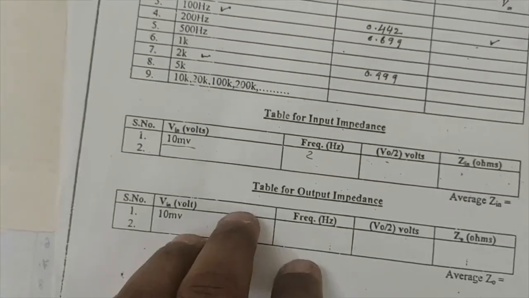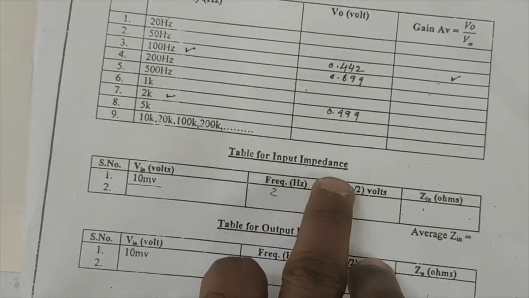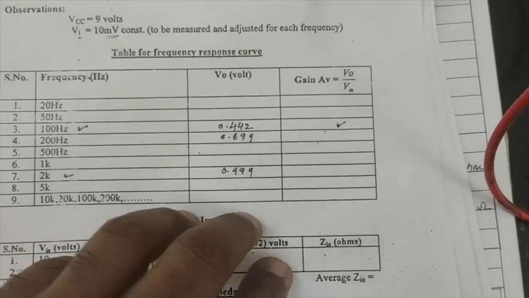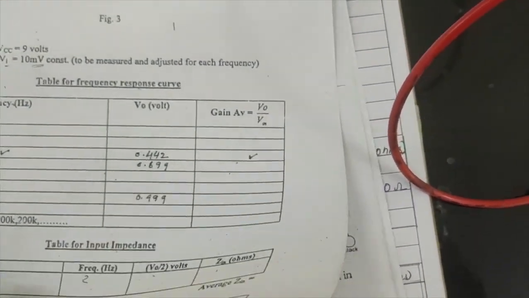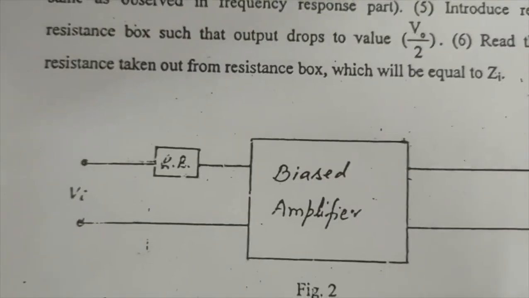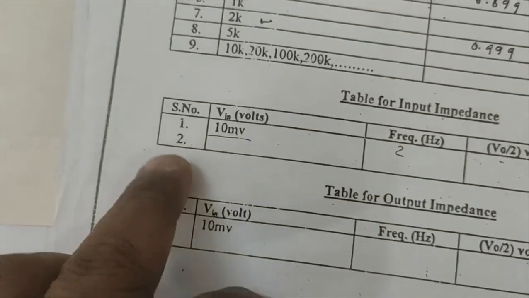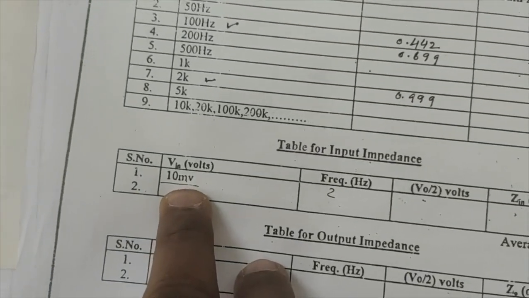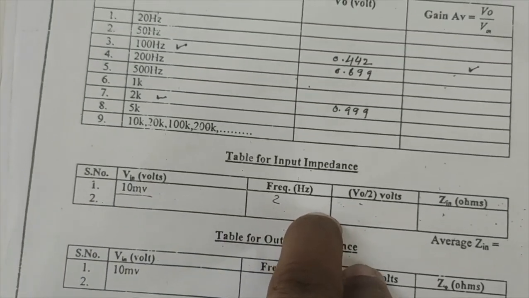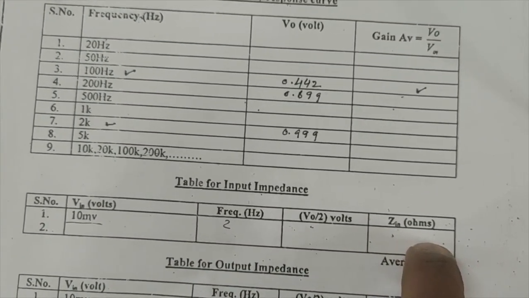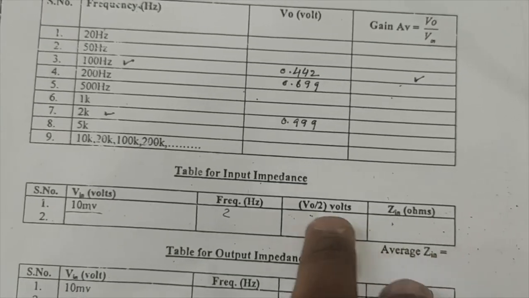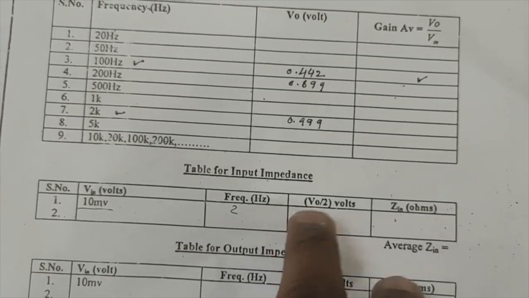So these are the tables in which you can see the input impedance when we have connected the resistance box in series. Keeping input voltage 10 millivolt and frequency 5 kilohertz, whatever the output voltage, we have to choose the input impedance from the resistance box so that this output becomes half.